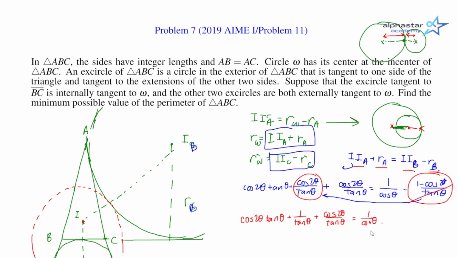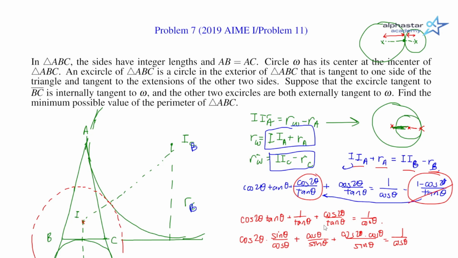And at this point we know that we can make simplifications here. First of all, we can separate the tangents into sine and cosine. Cosine 2 theta times sine over cosine, plus cosine over sine, plus cosine 2 theta times cosine over sine, equals 1 over cosine theta.